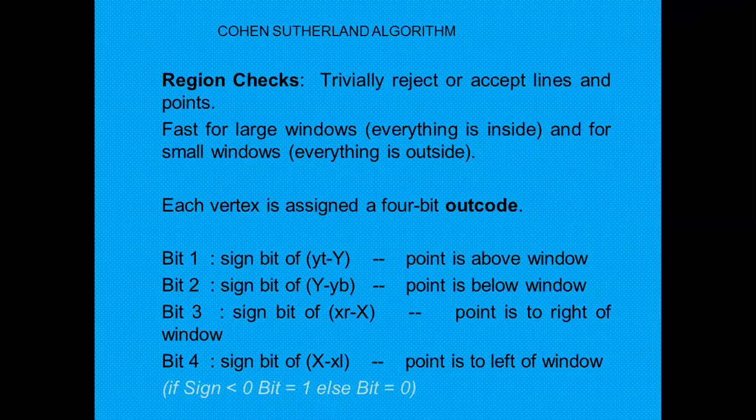If it is lying outside, then we will reject that portion, and if it is lying inside, then no need to reject, just accept those portions of the lines or points. Then we will use the Cohen-Sutherland algorithm.